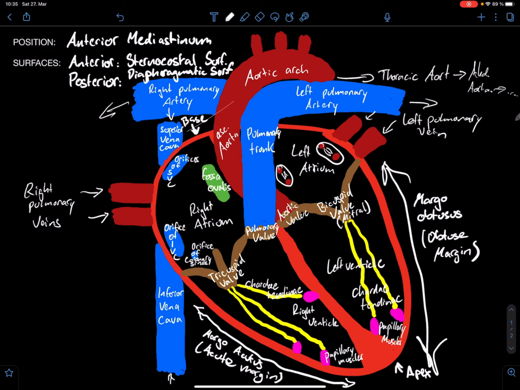Well, I could mention that, of course, after all the oxygen is used up by your cells, organs, and tissues, the blood enters again through superior and inferior vena cava, and the circle repeats itself. Yeah, guys. I can mention we have interventricular septum.